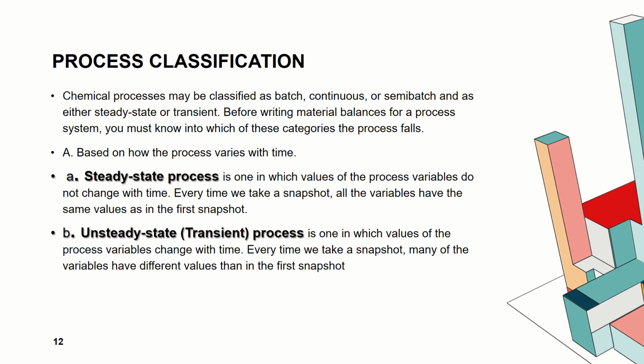And the second one, B, is the unsteady state process, known as a transient process. It is also one in which the values of the process variables change with time. So every time we take a snapshot, many of the variables will be different from the first one. And I hope this is understandable.